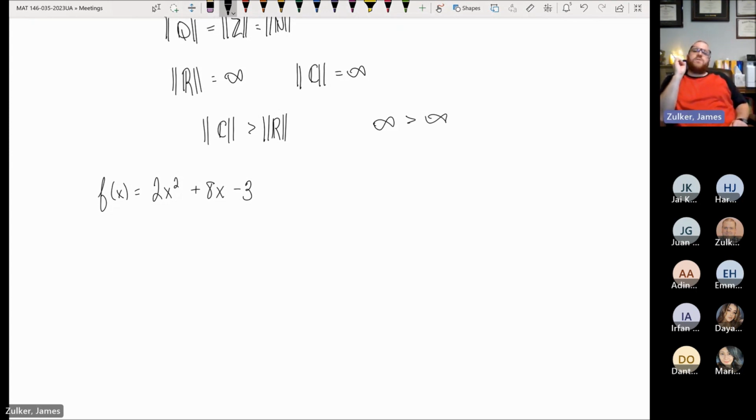For very large values of x, so let's say x is 100 googolplex. A googol is just a 1 followed by 100 zeros.